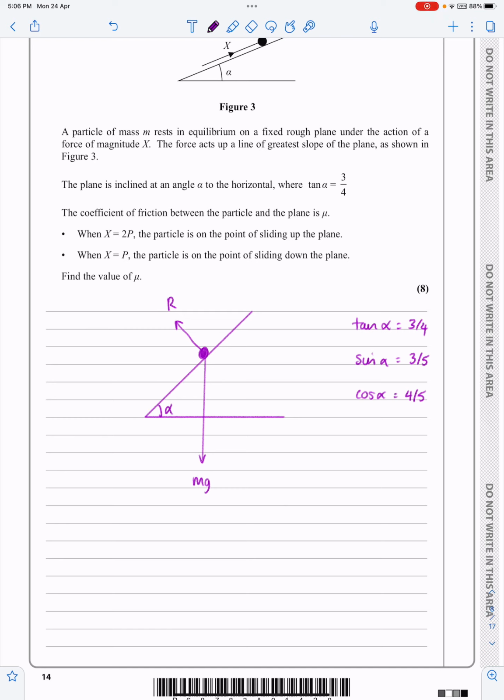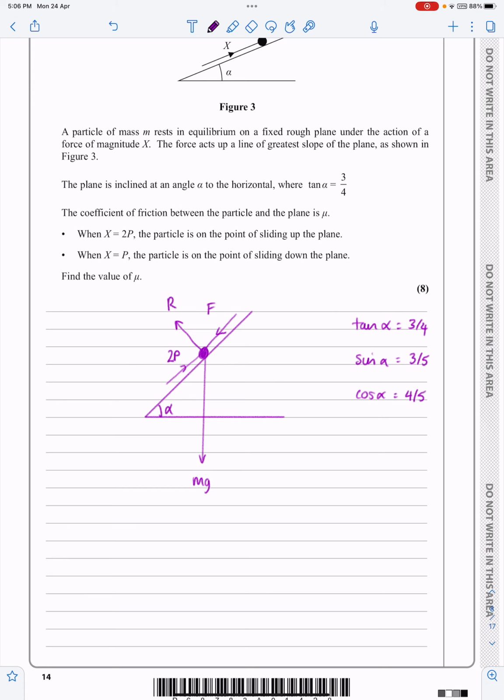The particle is on the point of sliding up the plane. So when x, this original force, is 2p, it's just about to slide up the plane, which means friction has to be opposing motion, so I've got to have it going in that direction.